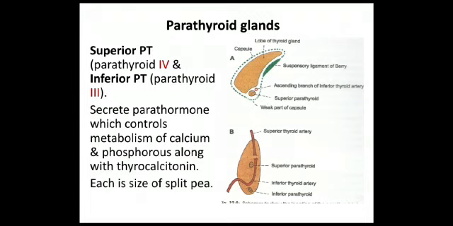The superior parathyroid, also called parathyroid 4, and the inferior parathyroid, also called parathyroid 3, secrete the parathormone, which controls metabolism of calcium and phosphorus along with the thyrocalcitonin. Each parathyroid gland is the size of a split pea.